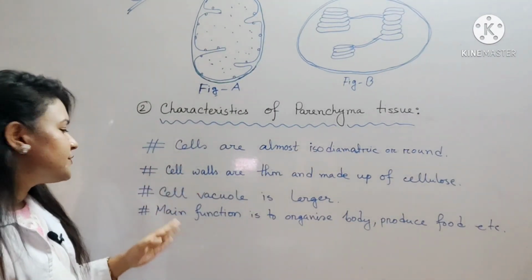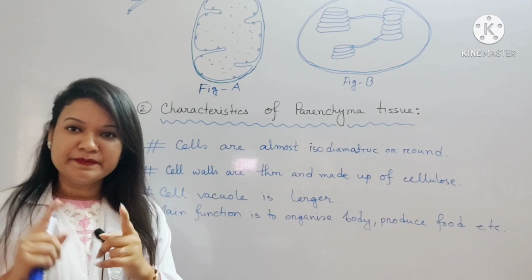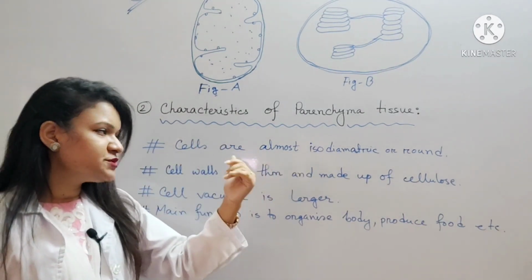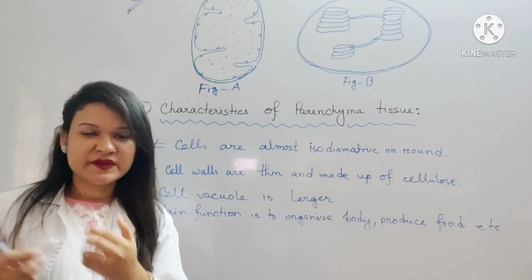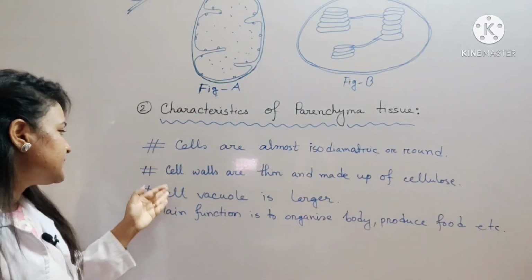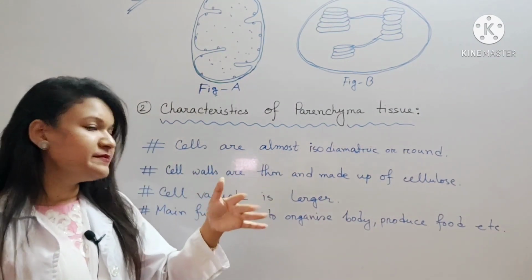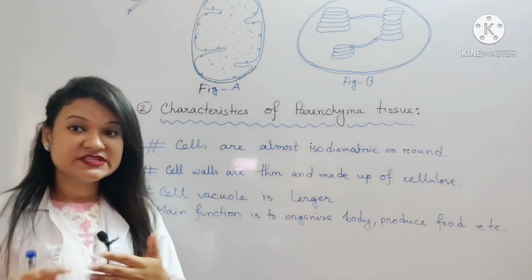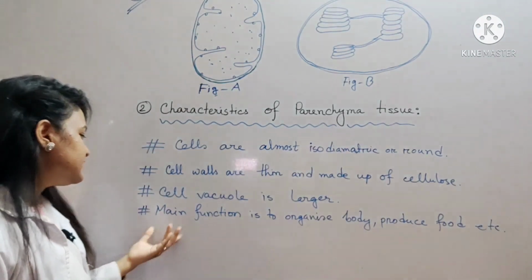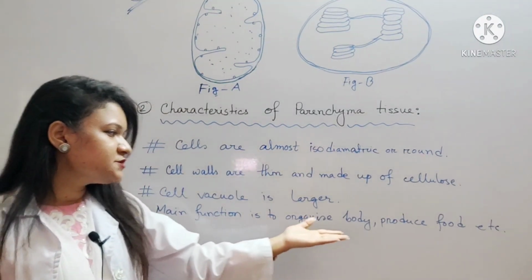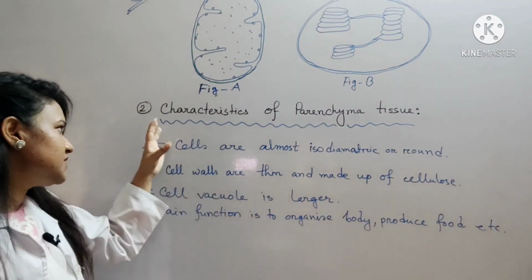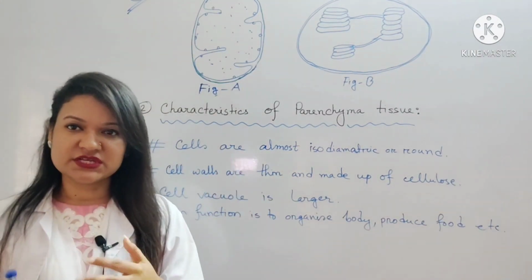So, you have to write minimum two characteristics, that is, cells are almost isodiametric or round in parenchyma tissue, and in parenchyma tissue cell walls are thin and made up of cellulose, and then the cell vacuole is larger, and the main function is to organize the body, produce food and so on. So, this is our comprehension based question answer.